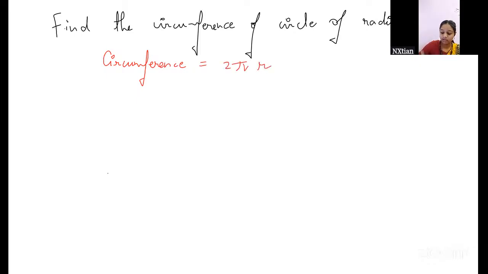Two pi r. That means 2 into 22 upon 7 into the radius, which is 3.5. I will remove the point and get 10 as a denominator, so 35 by 10, because I am removing the decimal.